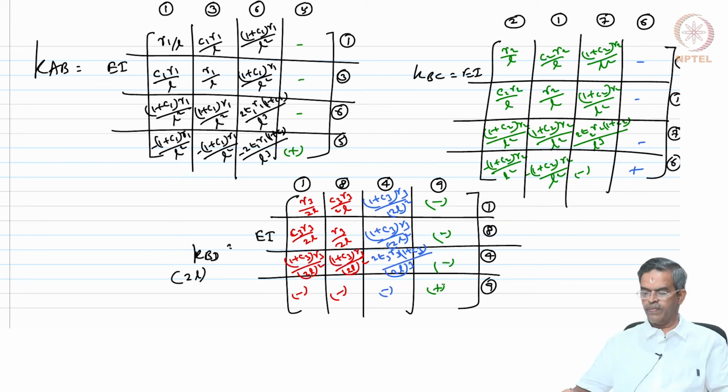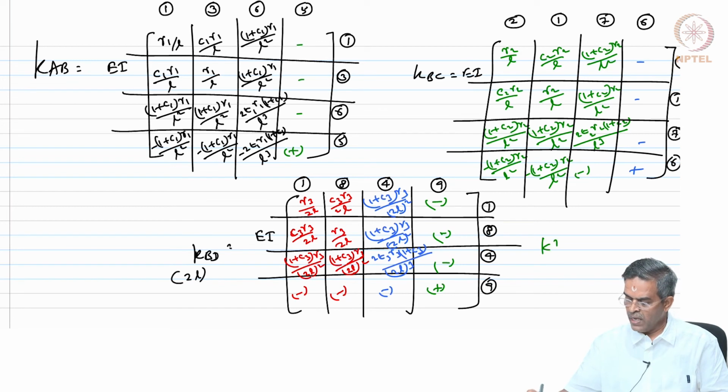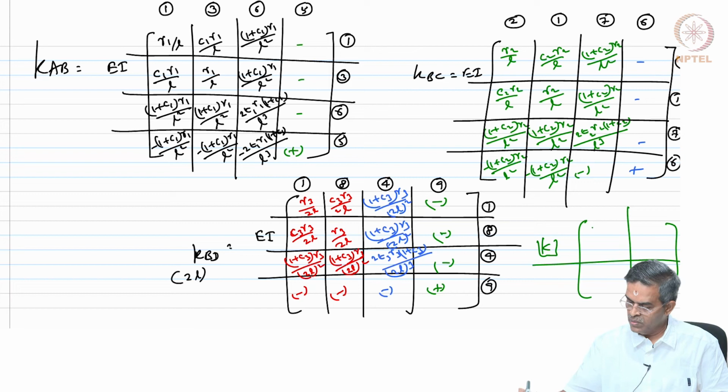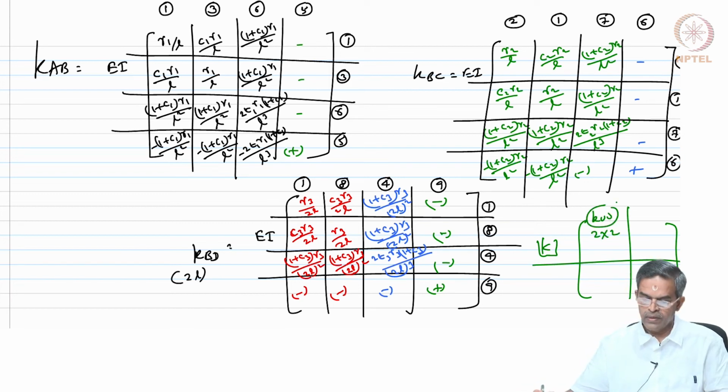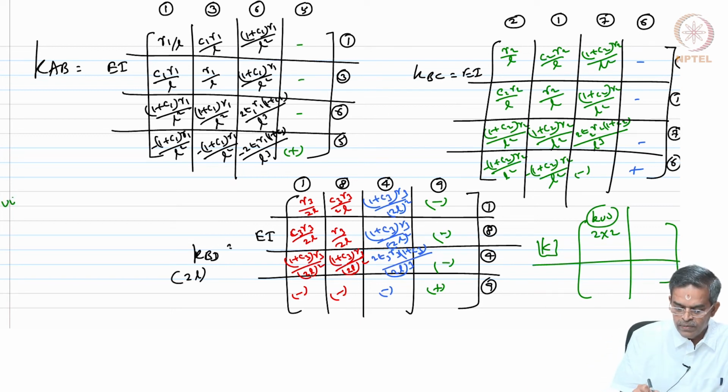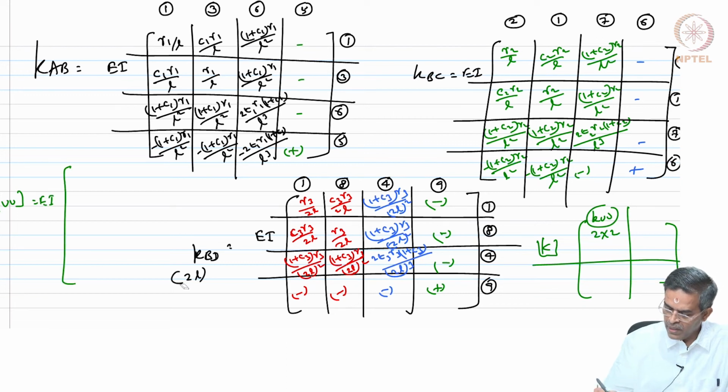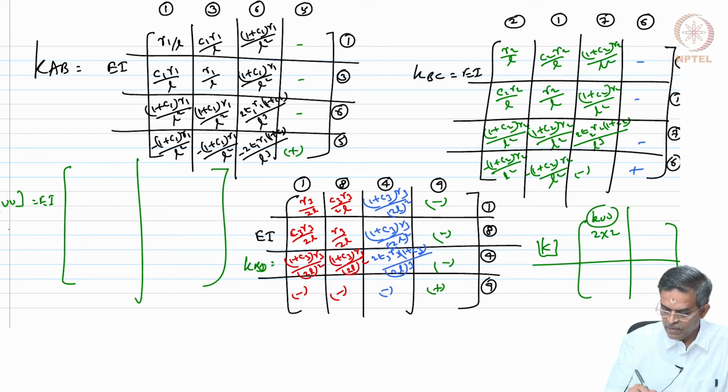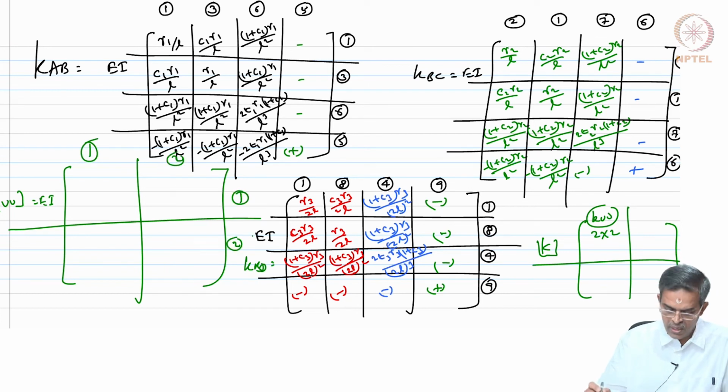We can know this. So, now if you assemble K and partition it into 2, this is going to be the KUU submatrix. So, now I should write KUU here, which is EI common of, let me write this KBD somewhere here, okay. So, 1, 2 and 1, 2, I am writing KUU.